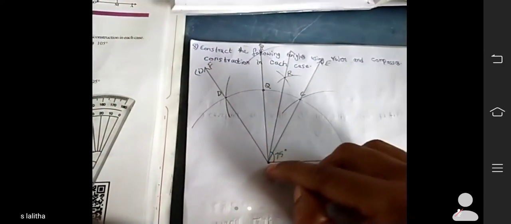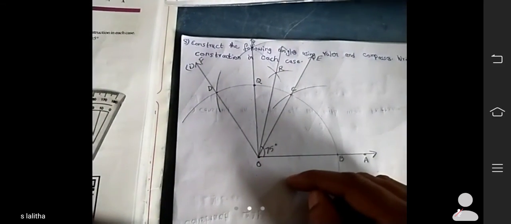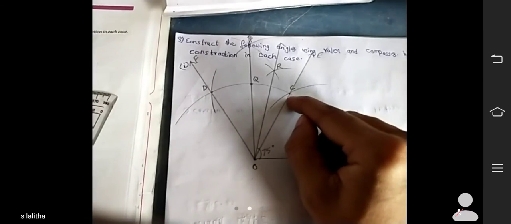Next, take the scale, join these lines, ray OE and ray OF. And next, take the compass, keep it on C and take more than half radius of CD and draw an arc like this.